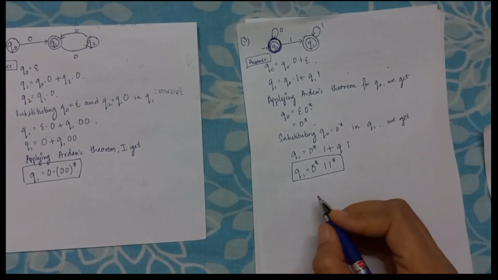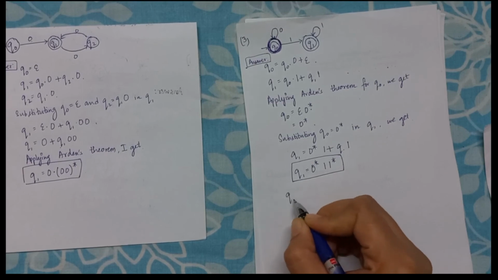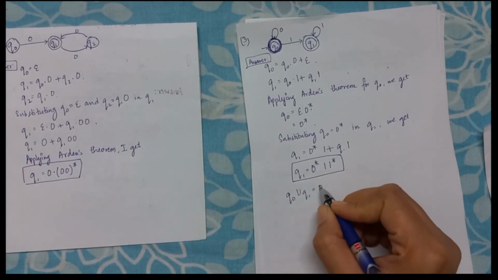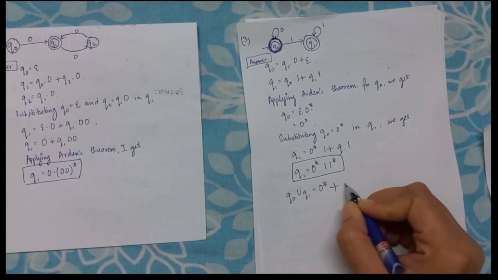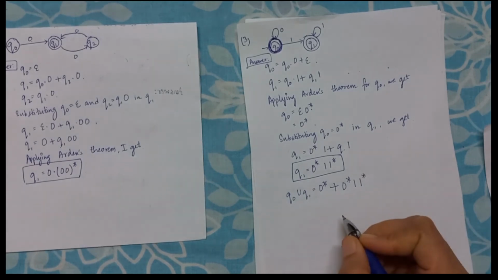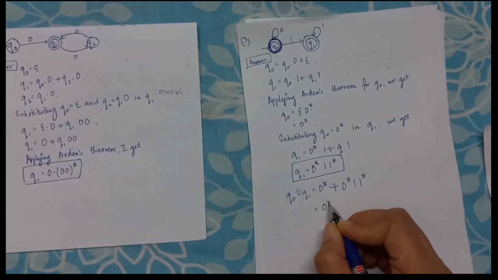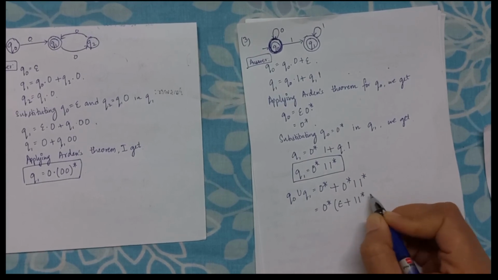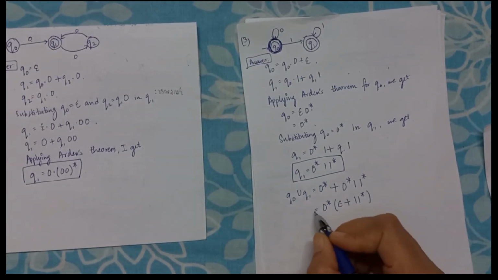Since we have two final states, we have to combine both. So I can say 0 star plus 0 star 1, 1 star. Or in other words, I can say 0 star epsilon plus 1, 1 star. This is the final result.